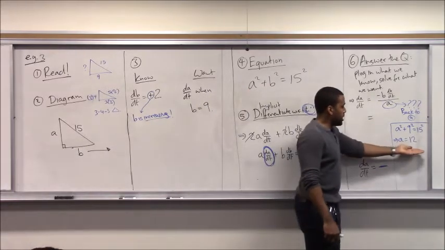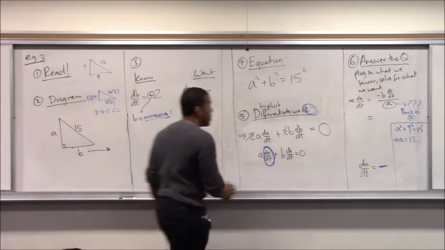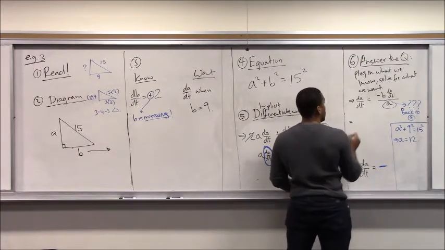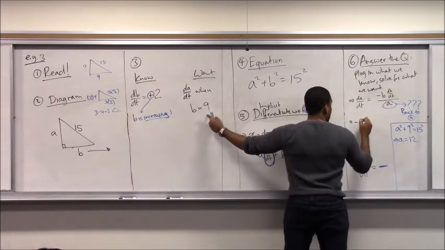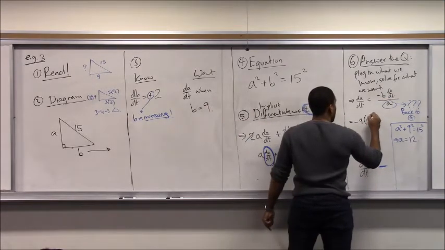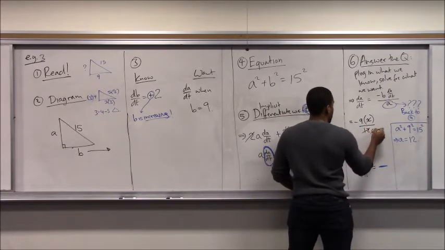Here we realize that a is 12, and so now we can actually continue the problem. It's negative 18 over 12 times db dt. Simplifying, 18 over 12 reduces by 6 to 3 over 2.